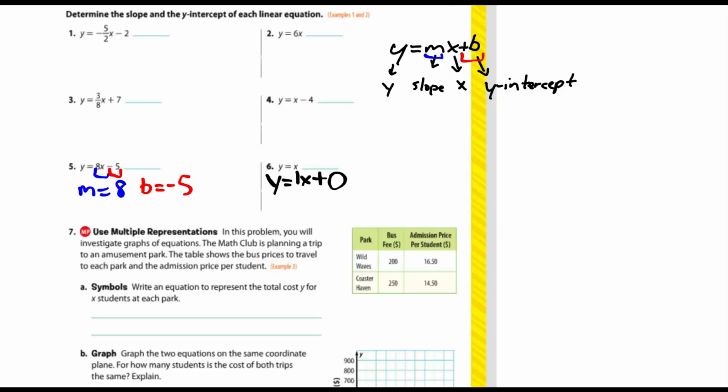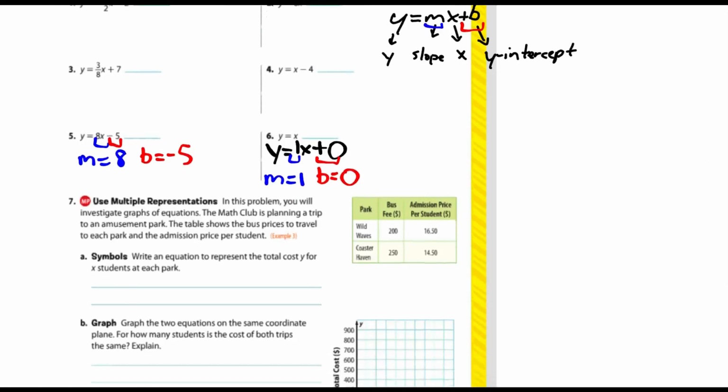So our slope is 1, and our intercept is 0. We don't have to put the plus, it's positive or neutral, so we just call it 0. That's all we have to do for the top 6, just find slope and find intercept.